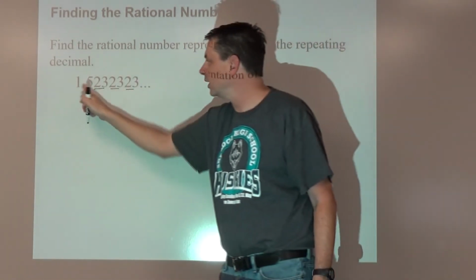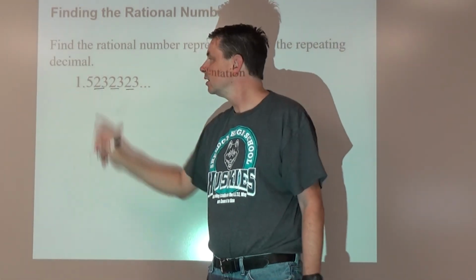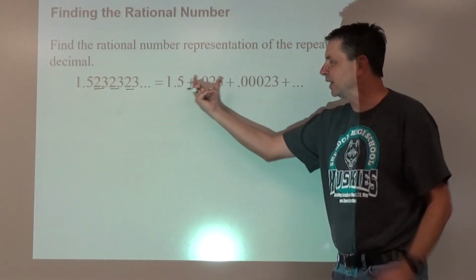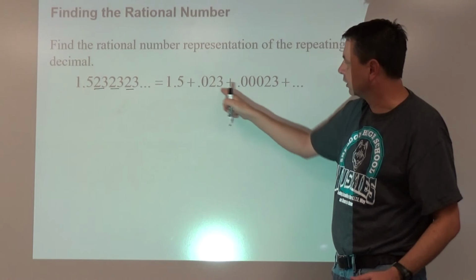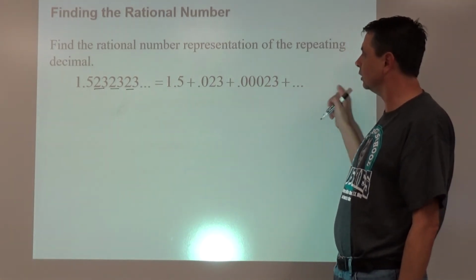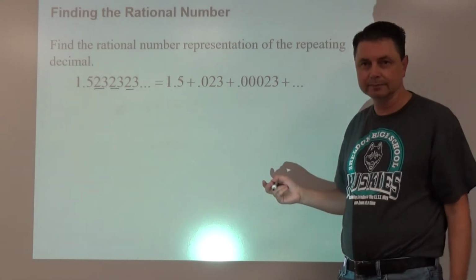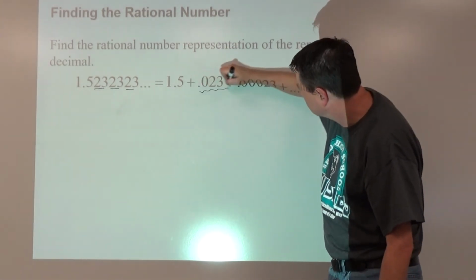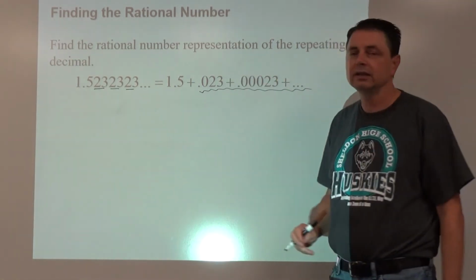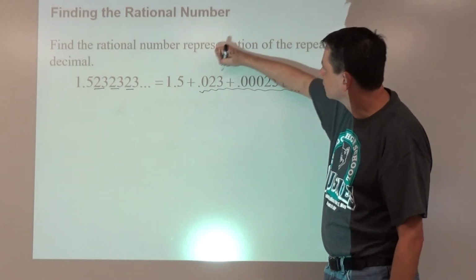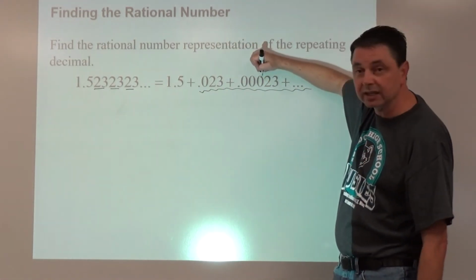So we have 1.5 plus 0.02323 and so on. We can break up that repeating part to be 0.023, 0.0000 23, 0.0000023, and so on. And the repeating part is a geometric sum. Something multiplied by something is that, and so on.